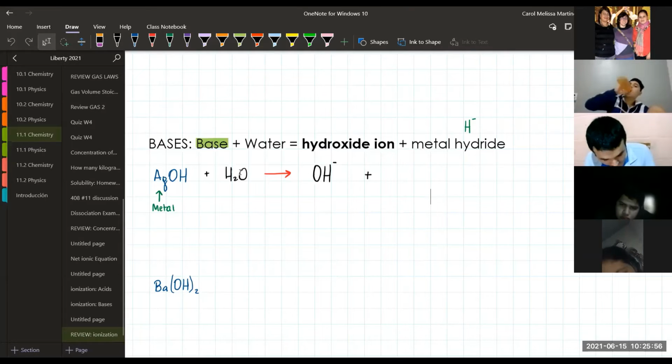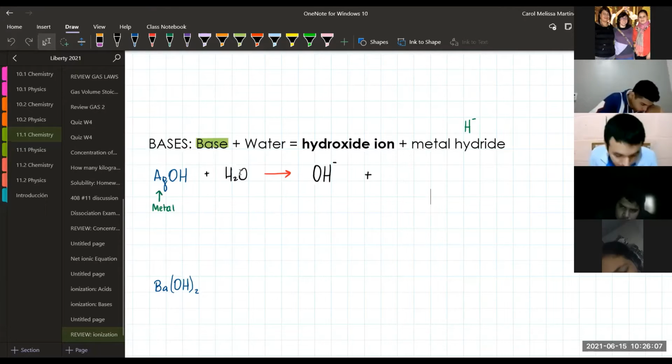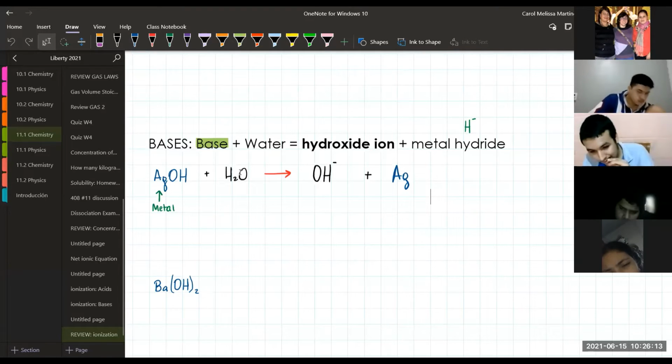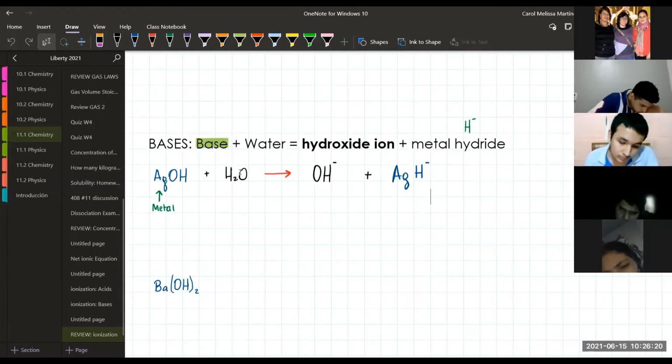That's what hydride means. Okay, so the product will be hydroxide ion and metal hydride, being the metal silver, Ag, and then the hydride ion, that is H minus. Remember that silver has a charge of +1, and then positive and negative are going to cancel, so we don't need to write subscripts.